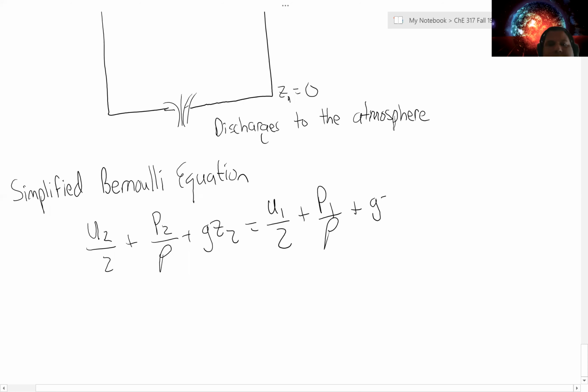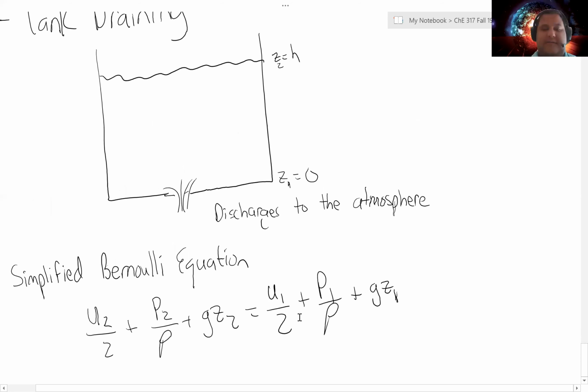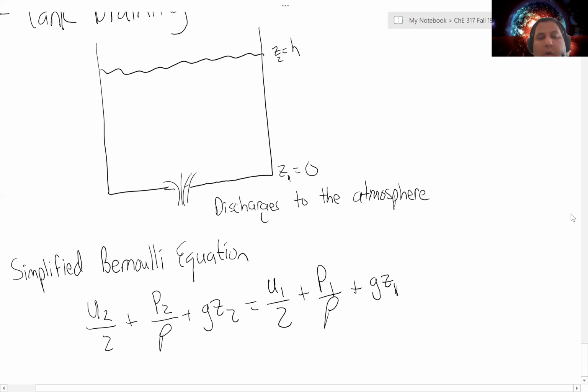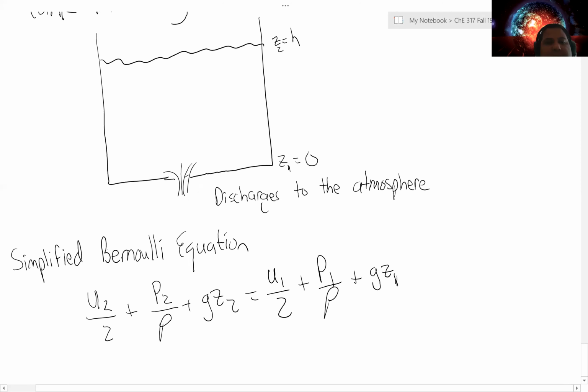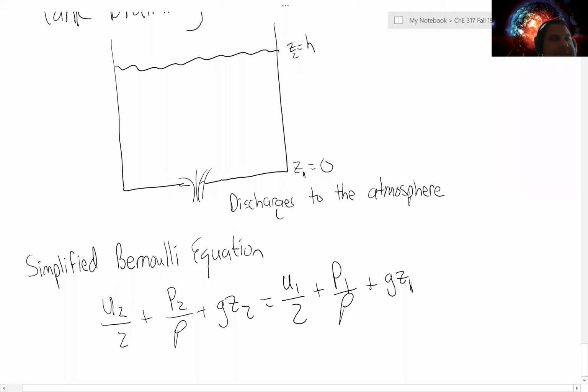So with that in mind, if I was going to write up this expression, which terms in my Bernoulli can I cancel or consider negligible?